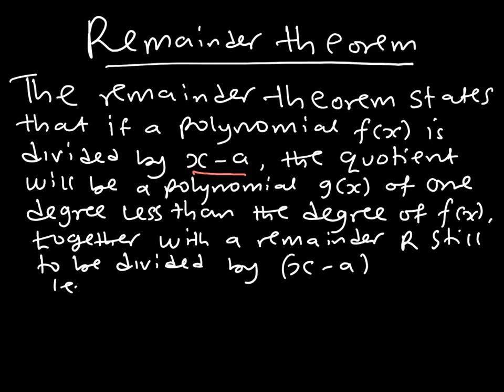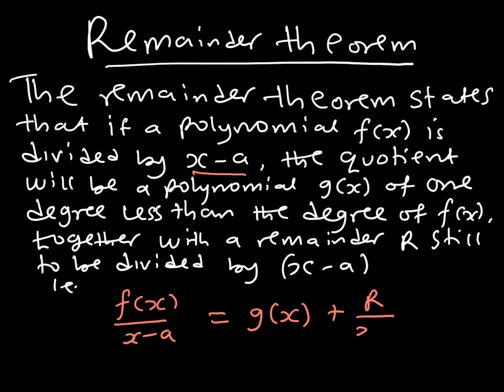In simple terms, if we get f of x, which is a polynomial, and divide by a linear function x minus a, then we are getting g of x. Then there will be a remainder r to be divided by x minus a.